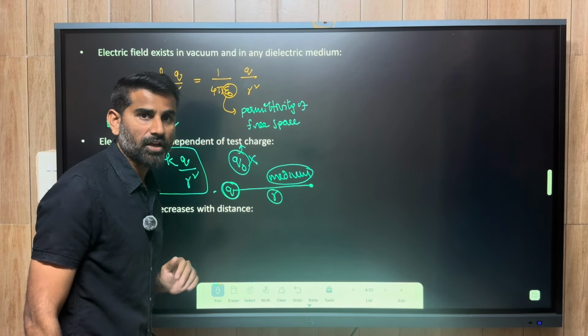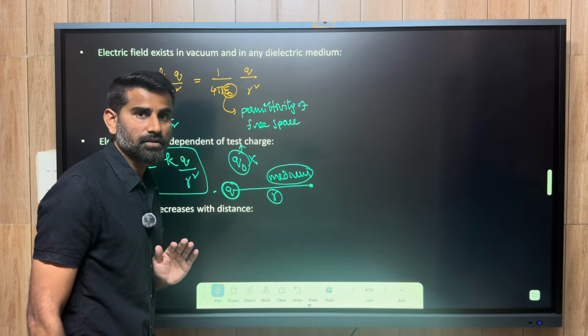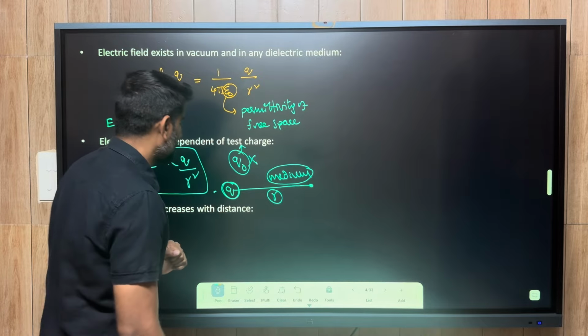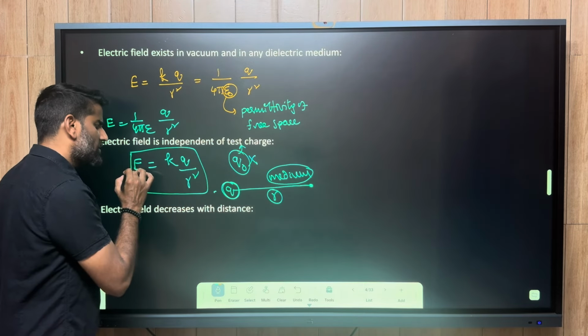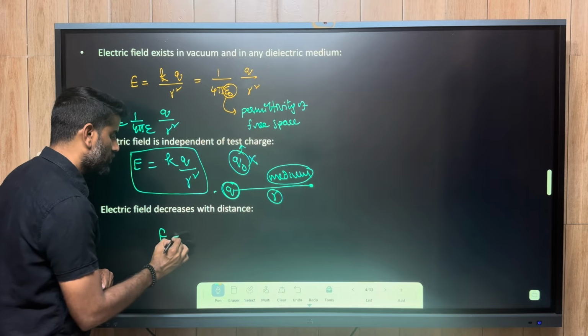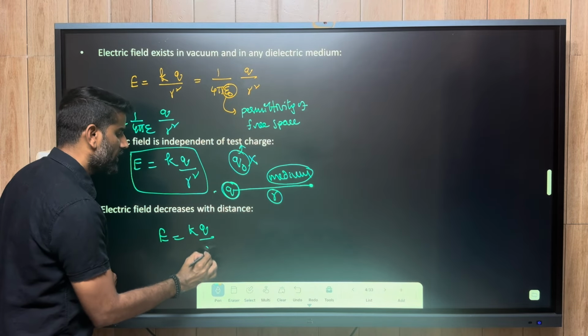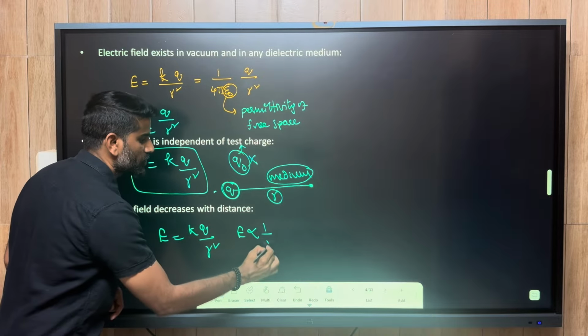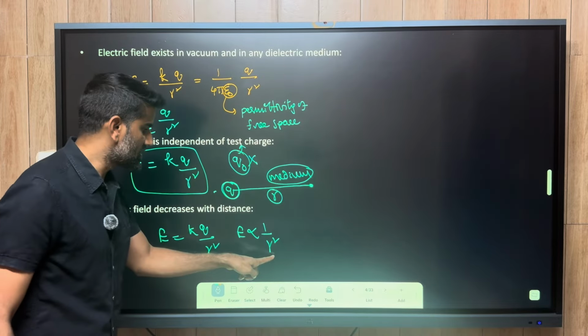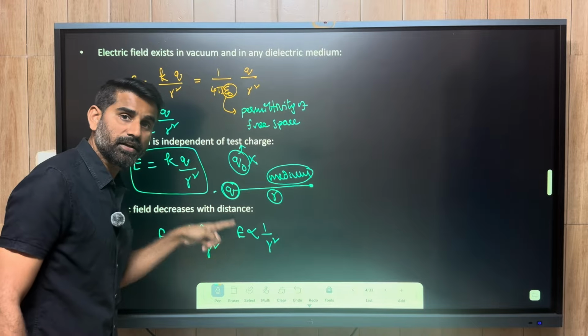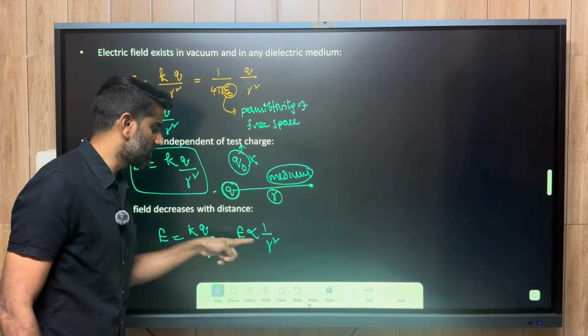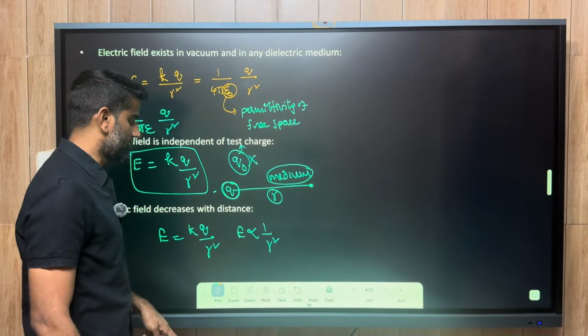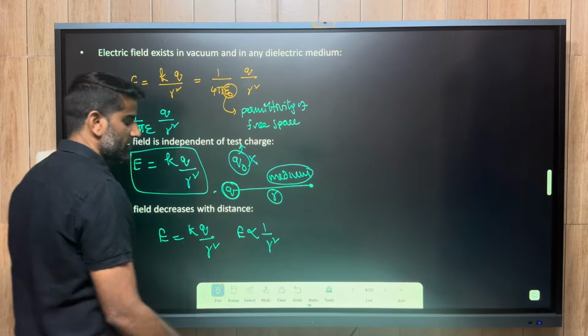I hope my point is clear to you, right? When you look at this equation also, E is equal to KQ by r square, the electric field is inversely proportional to r square. As the distance increases, the electric field decreases. Now let's move on to the next slide.